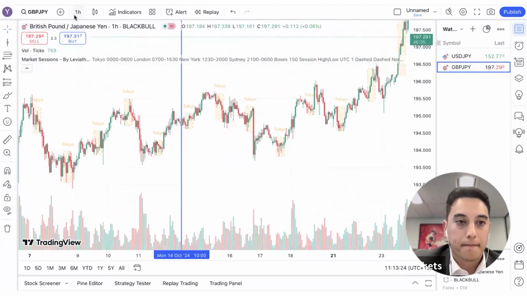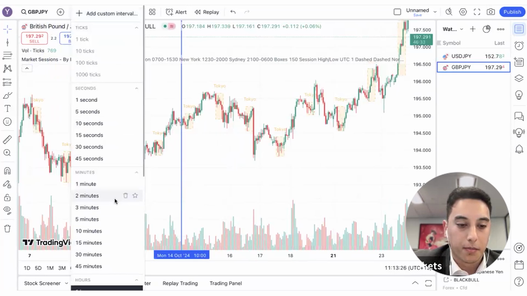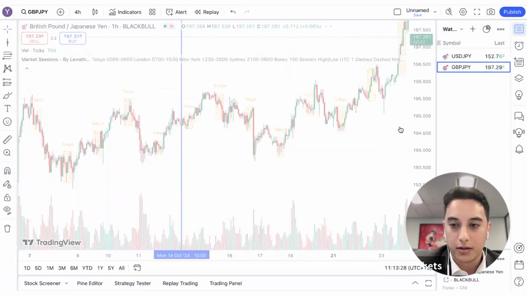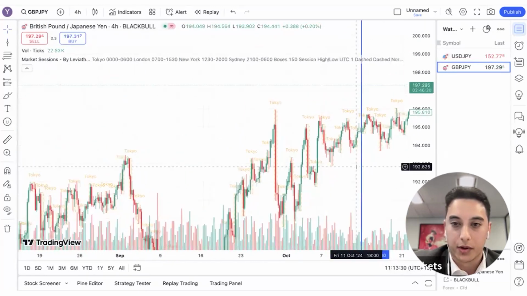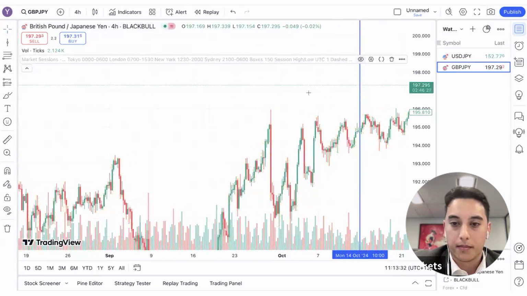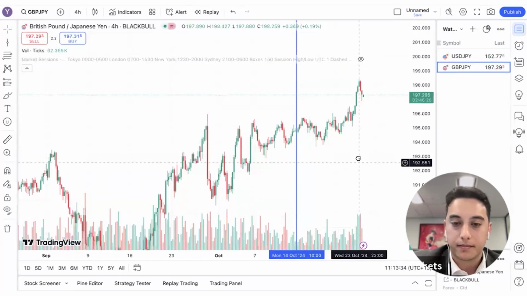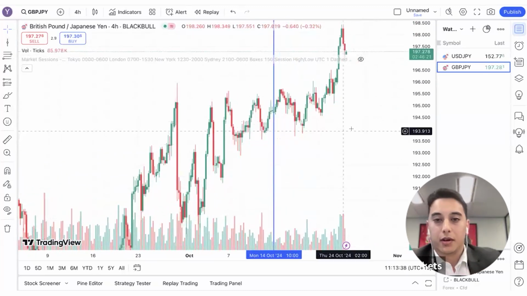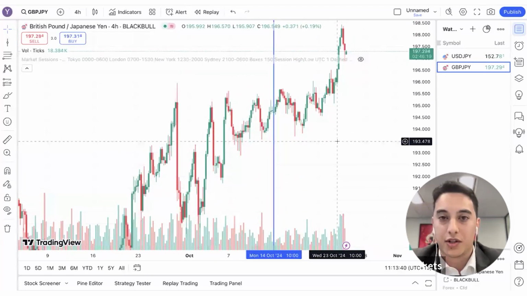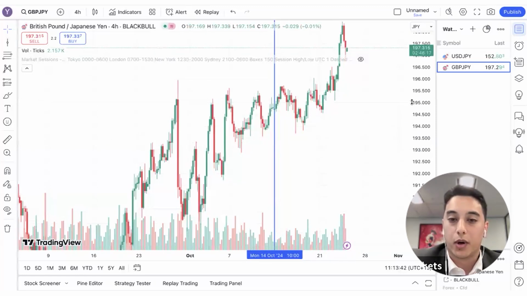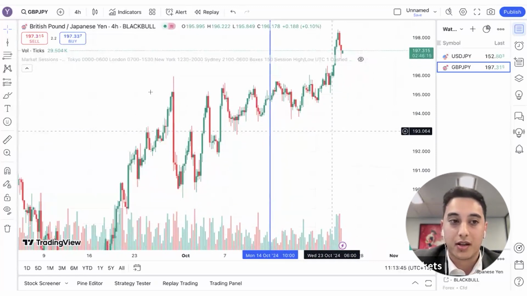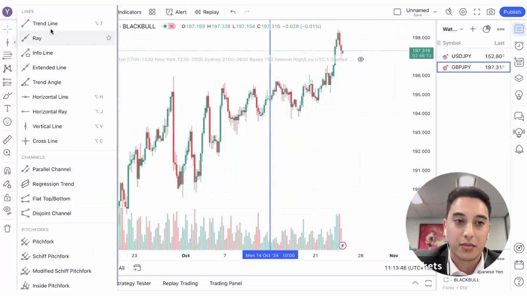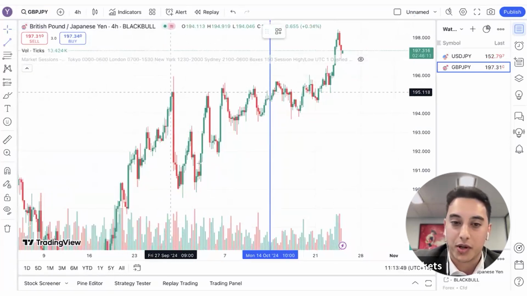And let's go back to the 4-hour to get a better look at what's going on. So the great thing about day trading the Asian session is that while you do have to understand what market structure you're in, you don't have to pay too much attention to the long-term trend.